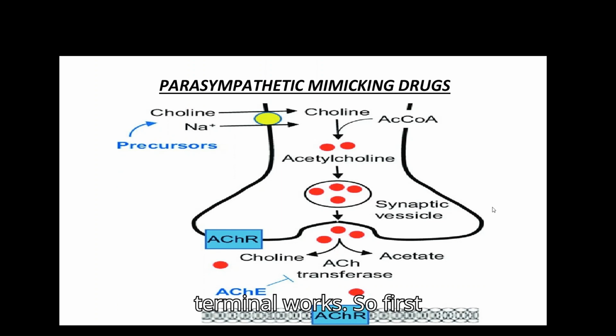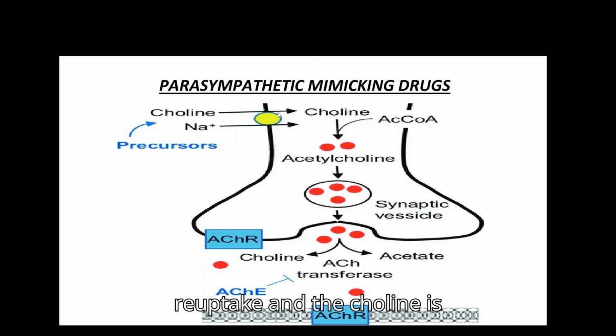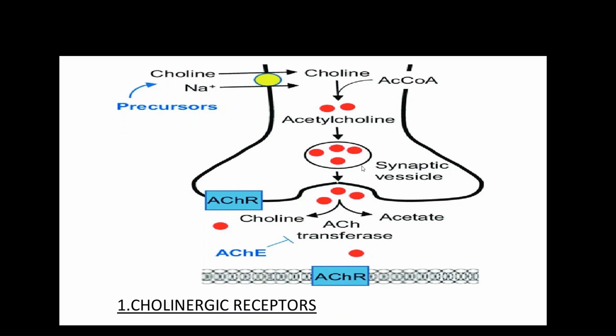works. So first, in the nerve terminal, before the impulse comes, choline is reuptaken, and the choline is combined with acetyl CoA, and choline and acetyl CoA form acetylcholine. And this acetylcholine, as you can see, is first in the vesicle.